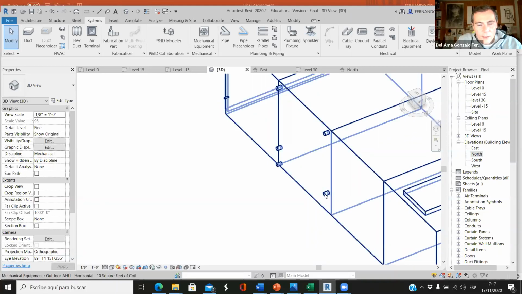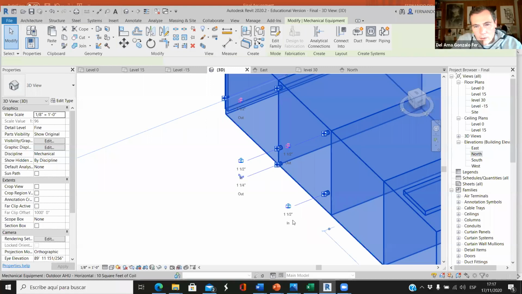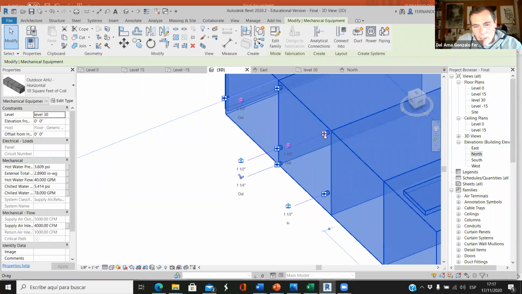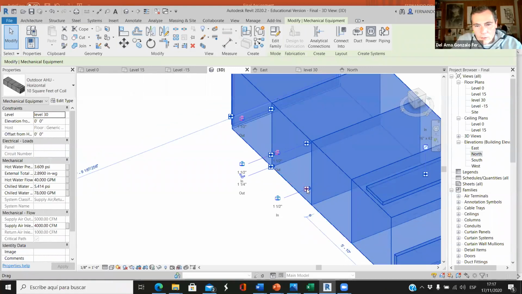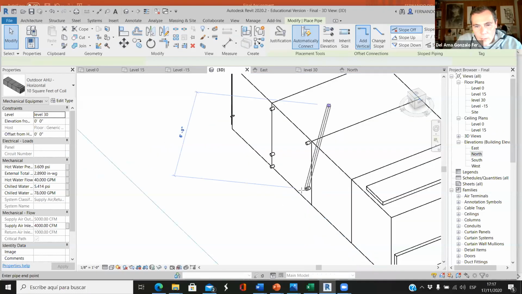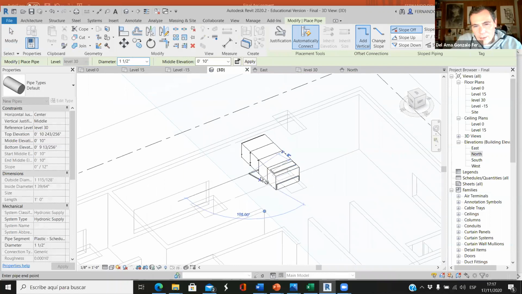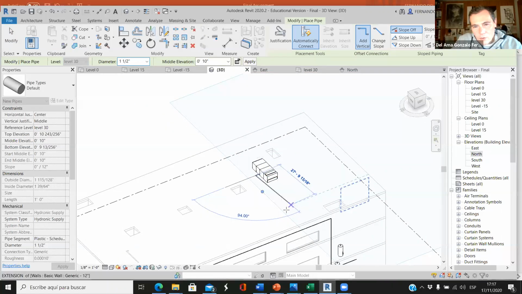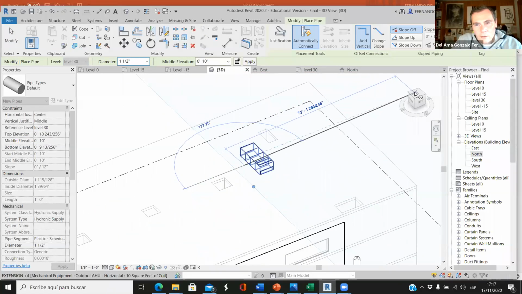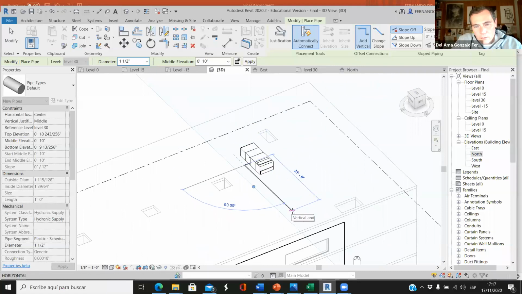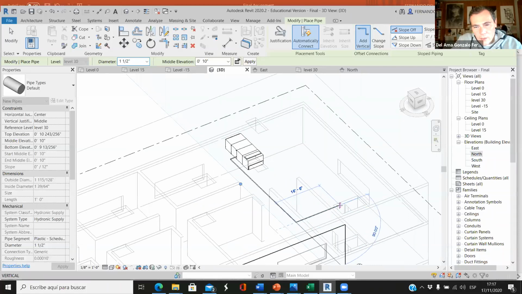When we have only two, this is the heating coil. So this is inlet and this is outlet. If we draw a pipe here, we need to connect this inlet to the outlet of this element.